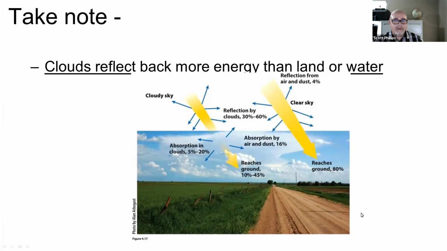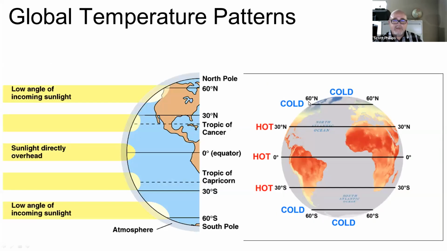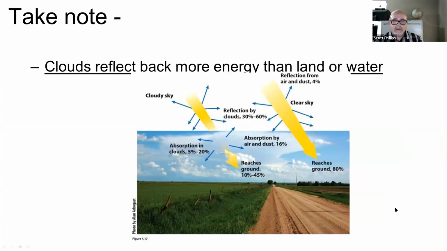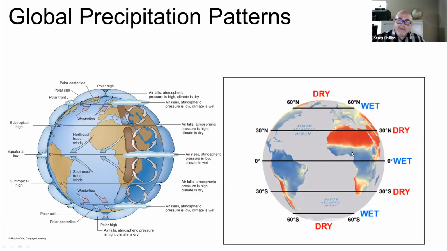Okay. All right, so this is the pattern of temperature: colder near the poles, hotter near the equator, and also near the subtropical high dry zones, like in Africa. But then because of the pressure belts, you also have an overlaying pattern of wet and dryness. So at the equator, it's going to be hot, but also very wet because of the low pressure zone, the intertropical convergence zone.